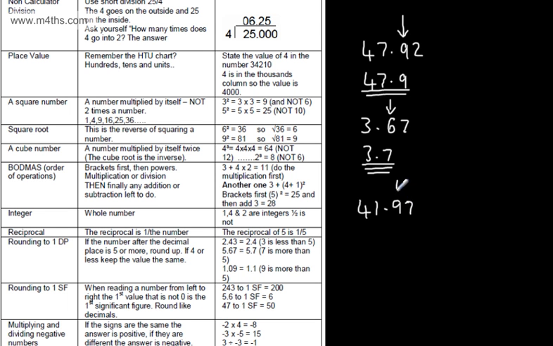Again, we're focusing on this number. We know we're going to round up. My choices to one decimal place are 41.9, or if I rounded up, 42.0. We need to round up as 7 is greater than 5, and as a result, we round to 42.0. That is correct to one decimal place.